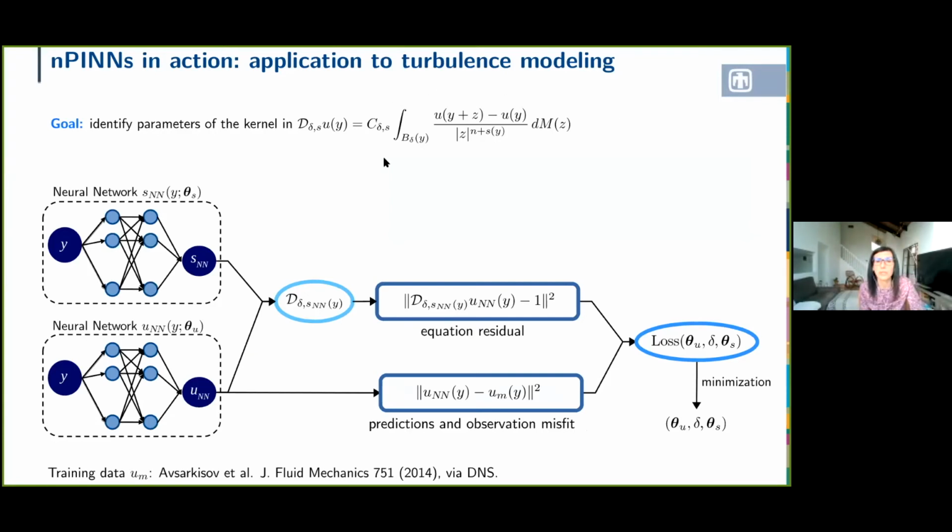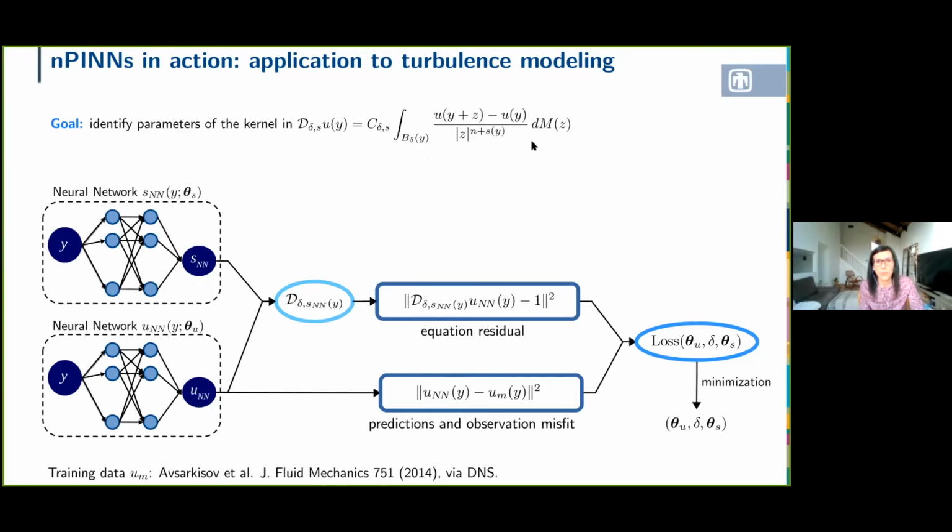If you look at this non-local operator, what we're doing here is to learn the truncation, delta, and to learn the exponent, so the profile of the decay. So the functional form is still given, but we're still learning a function here.